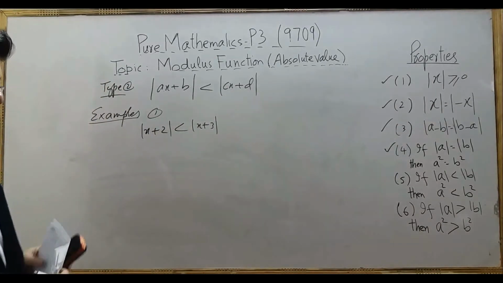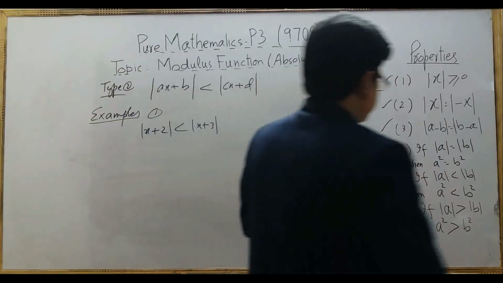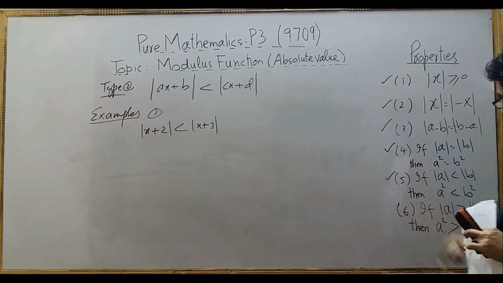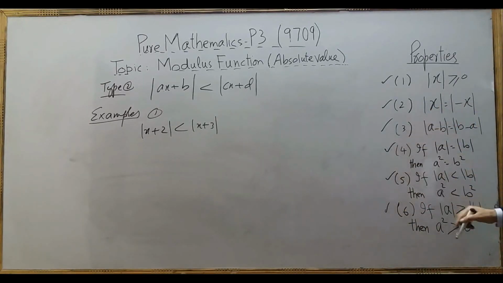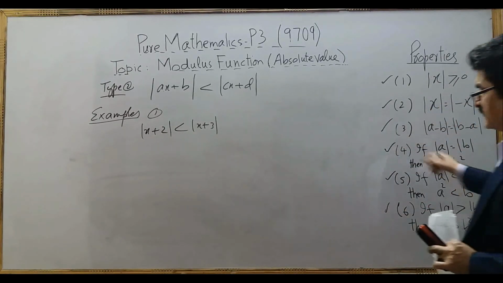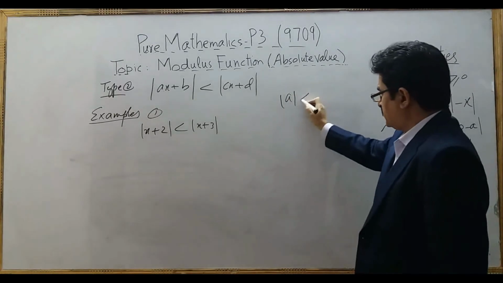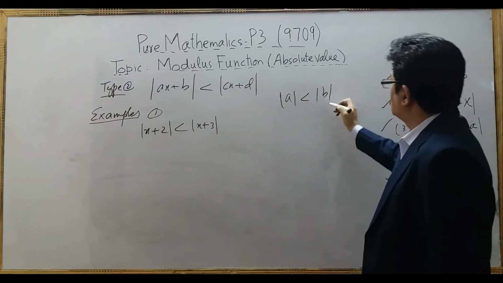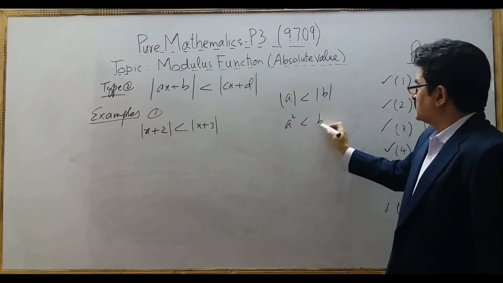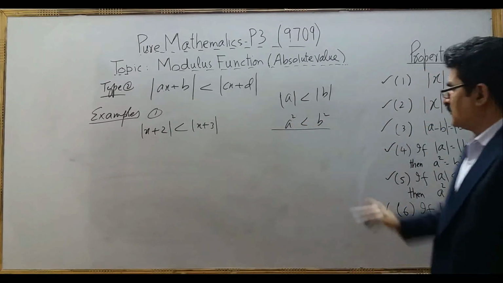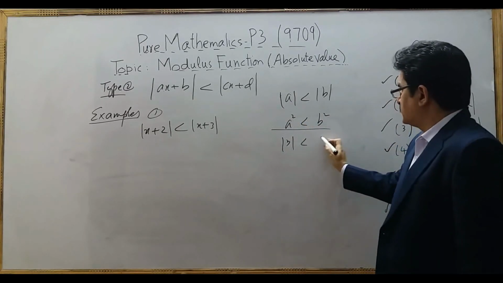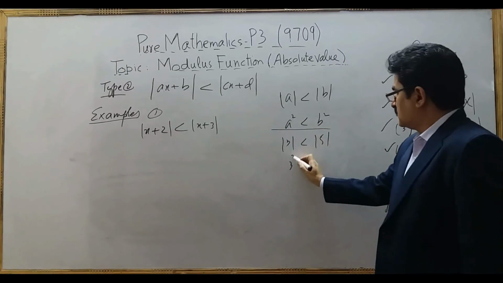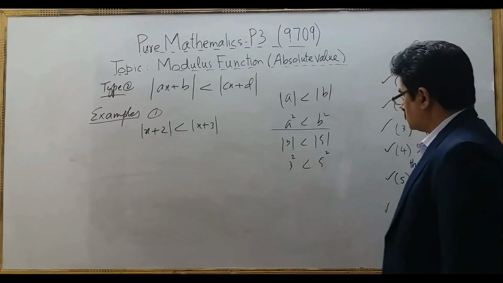Now here we are using a property, and we will use this property in these questions. Understand this property: if |a| is less than |b|, then a square will also be less than b square. For example, if |3| is less than |5|, of course 3 square will be less than 5 square.